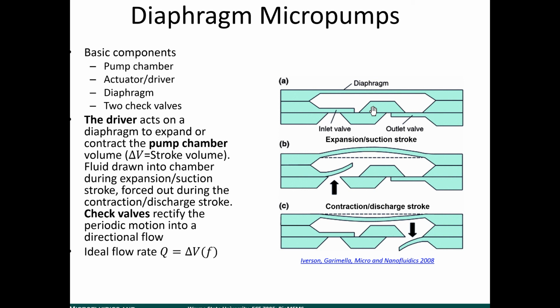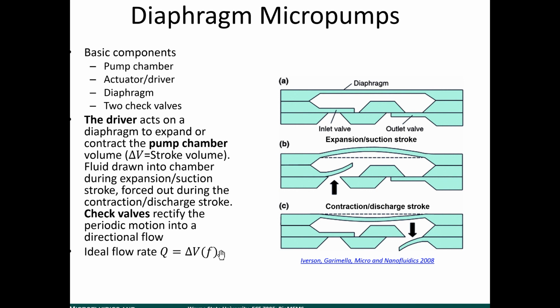Those types of micropumps actually had a very small delta V, because the diaphragms were relatively stiff and didn't move very much. However, they made up for that by having a very large frequency. Those electrostatic pumps could deflect in 10 to 100 microseconds.